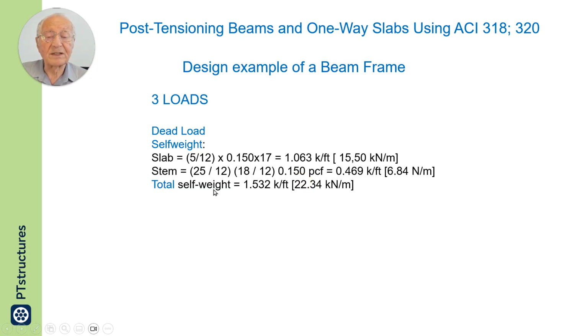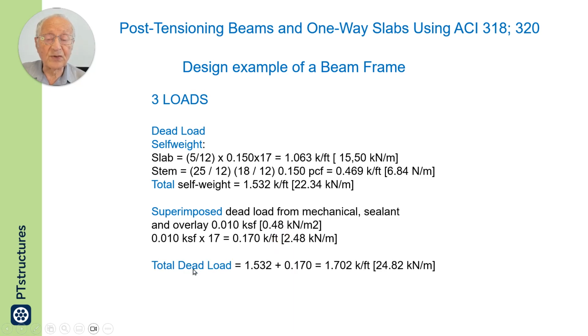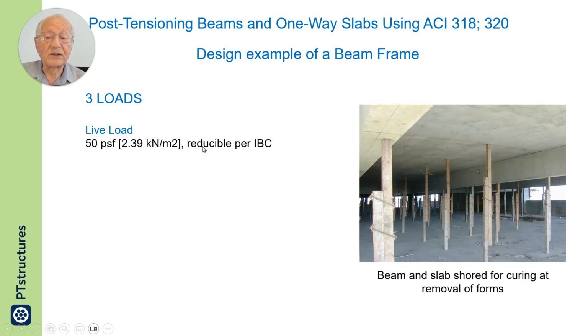So the total self-weight will be this. There will be a superimposed dead load, a slight value for mechanical installations, if any. I have that too. So the total dead load is given based on geometry. Live load is given in the building code. I have assumed 50 pounds per square foot.